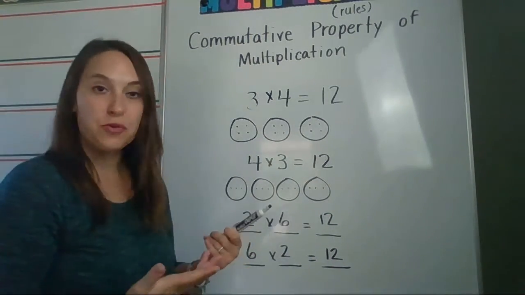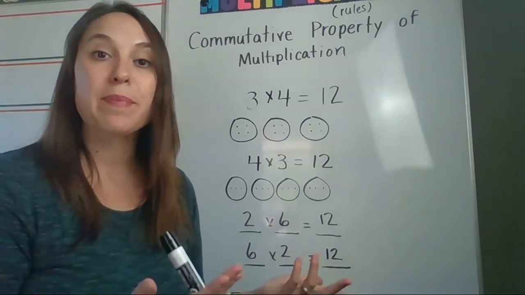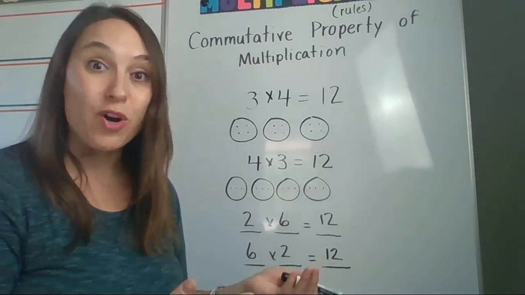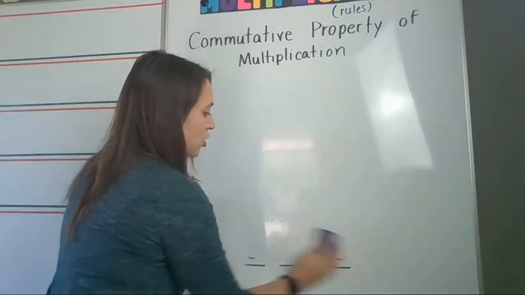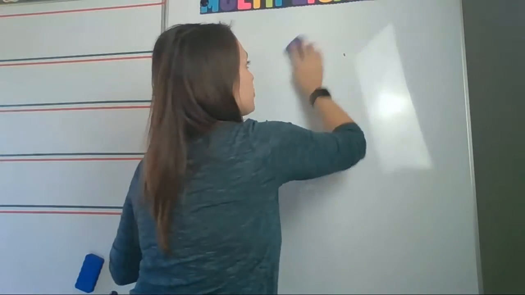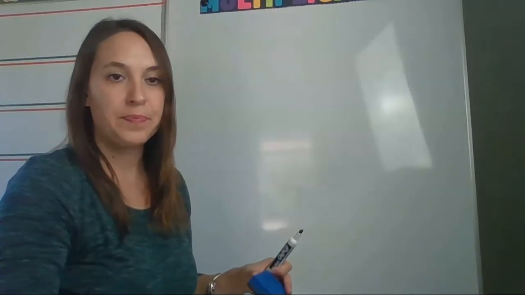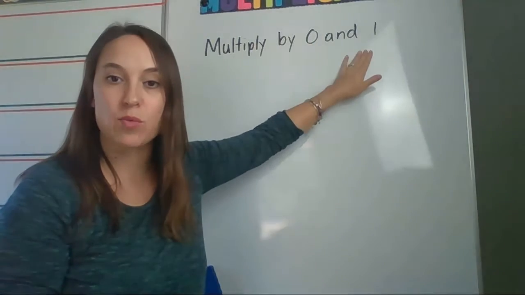The next thing you're going to be learning and working on Tuesday is multiplying by 0 and 1. So let's work on that. We're going to start something new in this video, and you will have this then for Tuesday's work. Now we'll practice multiplying by 0 and 1.